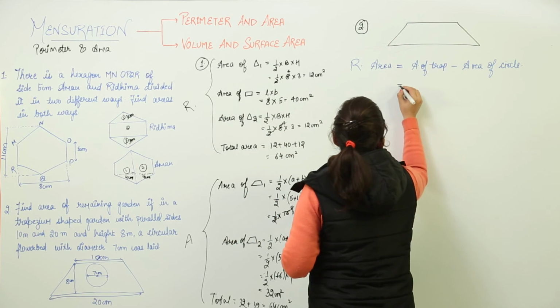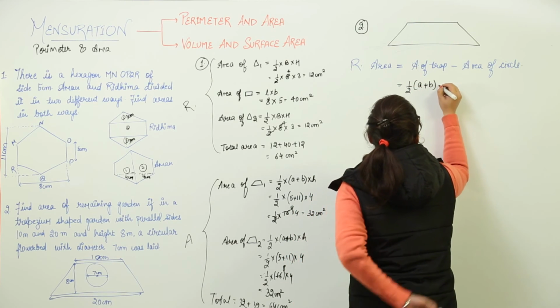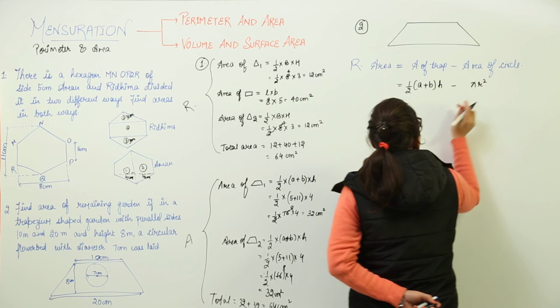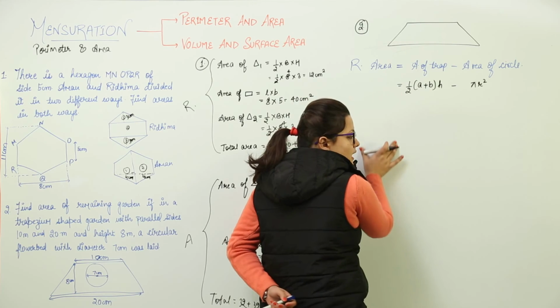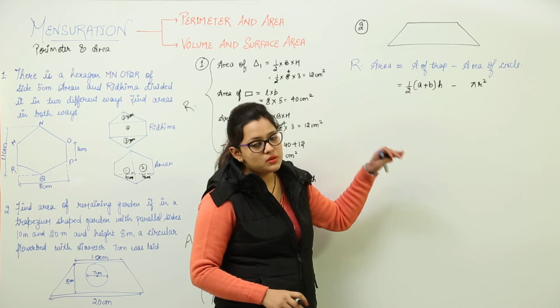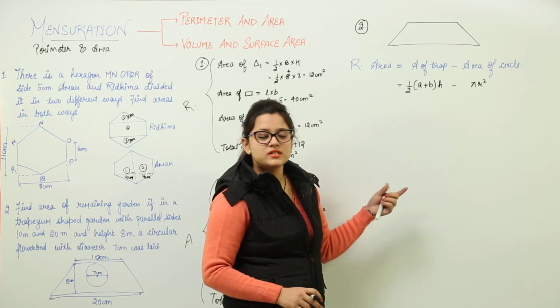Now let us do the area of trapezium. Area of trapezium is equal to 1 by 2 into a plus b into h, minus the area of circle, pi r square. You can do them separately. You can first calculate the area of trapezium, then calculate the area of circle, and subtract them both. I am doing them together because that reduces my number of steps.